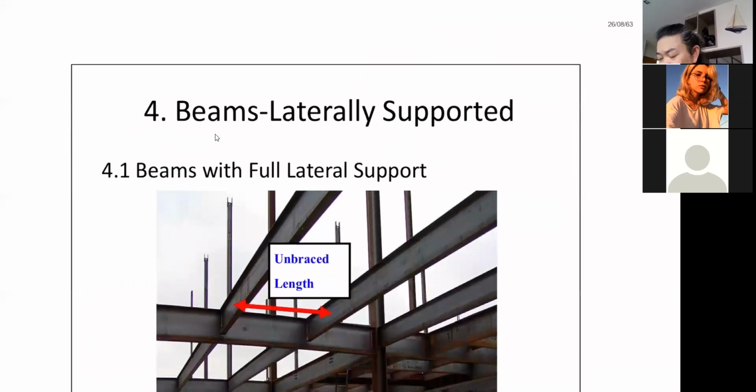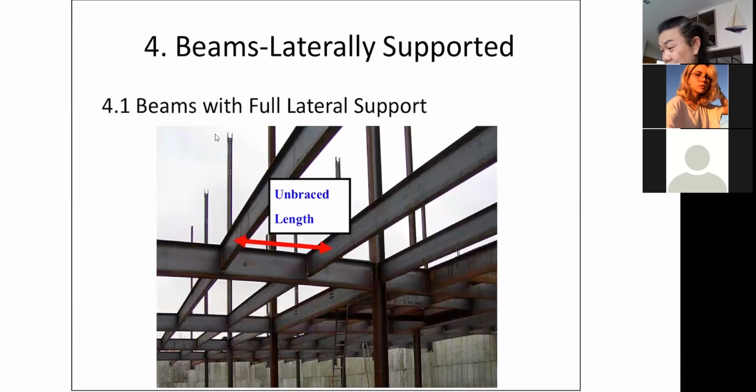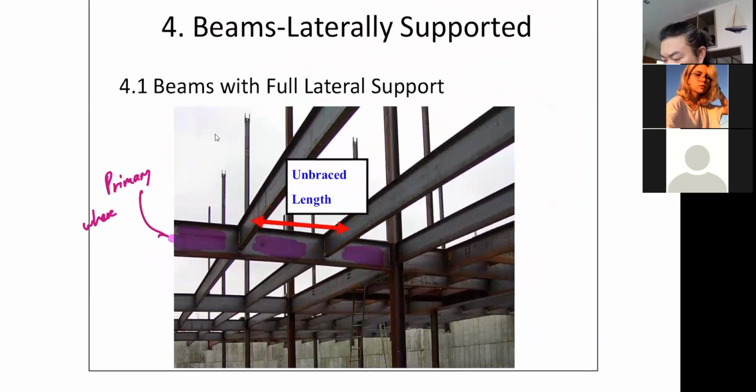But here's another issue. Now let's take a look at this beam. This is perhaps your primary beam. It doesn't have any floor sitting directly on top of it, because the floor is going to be supported by the secondary beam. Let me call this primary, where the floor does not sit directly on top of it.